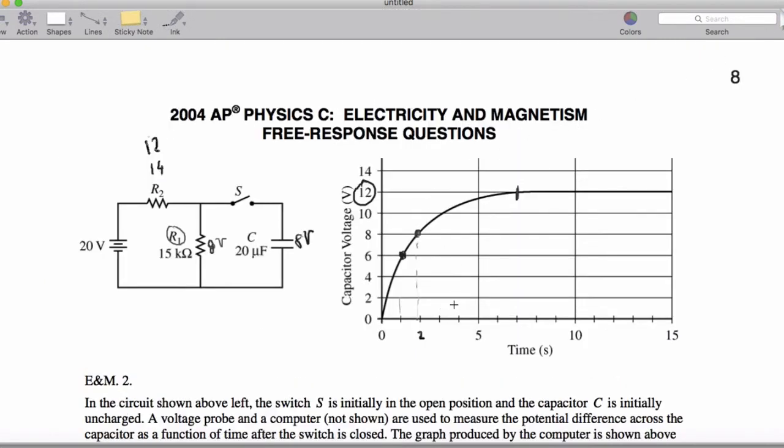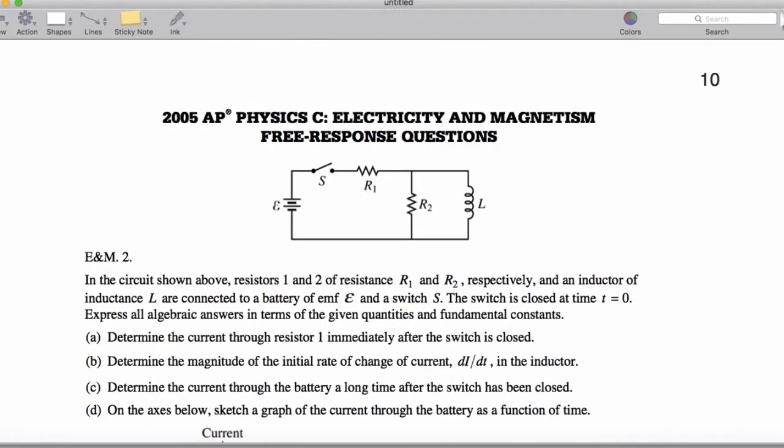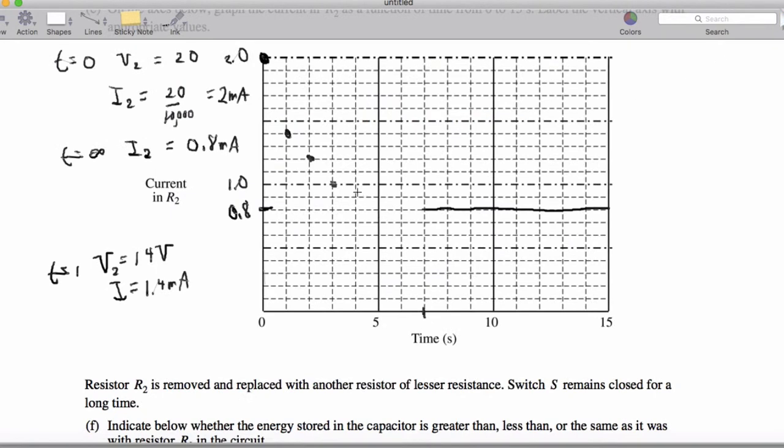Continuing. At 3 seconds, we've got about 10 volts on R1. That means we have 10 volts on R2 to add up to 20, which gives us 1.0 milliamps of current at about 3 seconds. At 4 seconds, we have about 11 volts, so that means we've got about 0.9 milliamps right here. And so on and so forth.